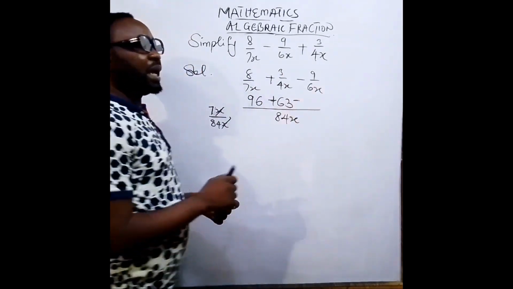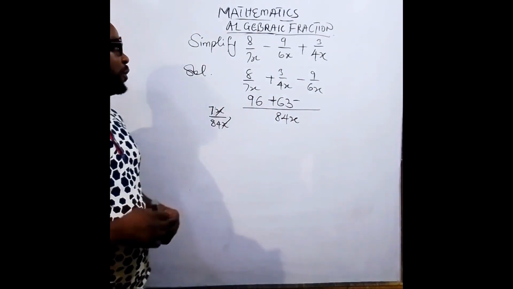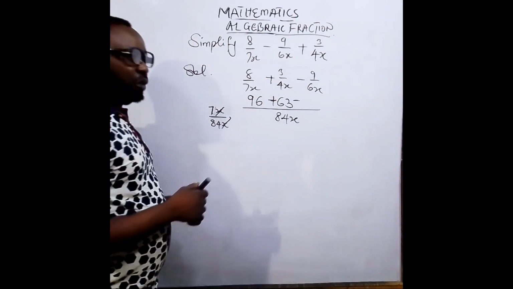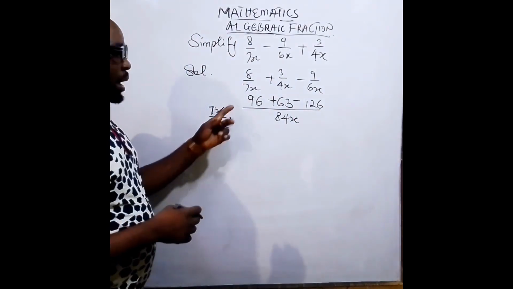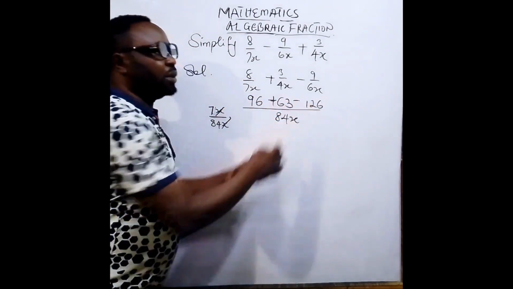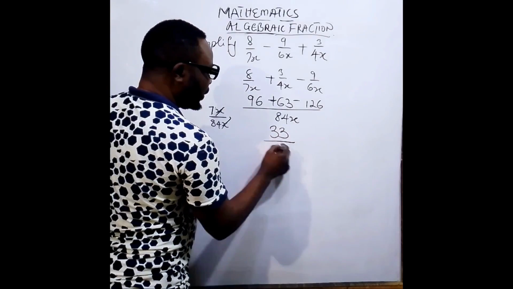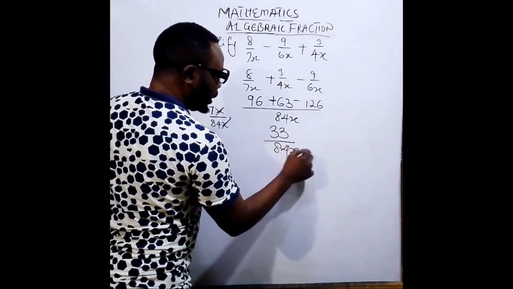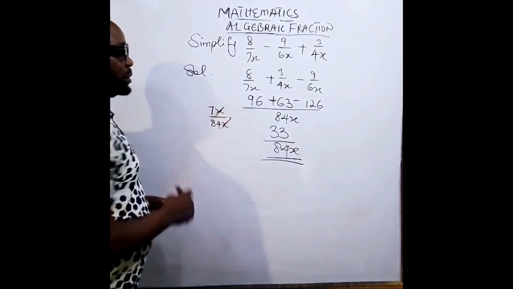Minus 9: 6x in 84x will give us 14. 14 times 9 will give us 126. Now, adding 96 plus 63 minus 126 will give us 33 over 84x. This is the final answer to this question.